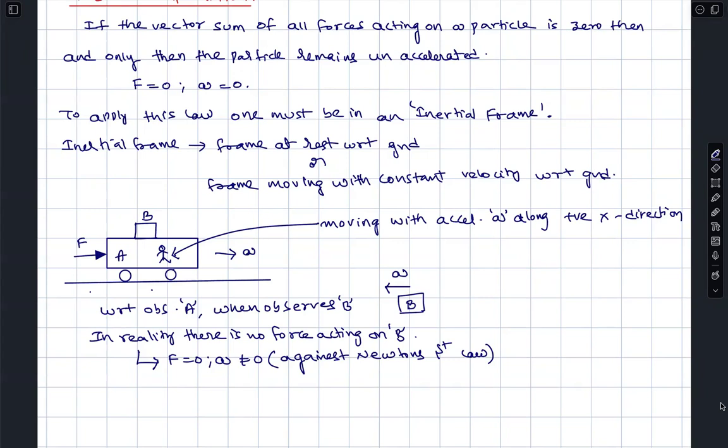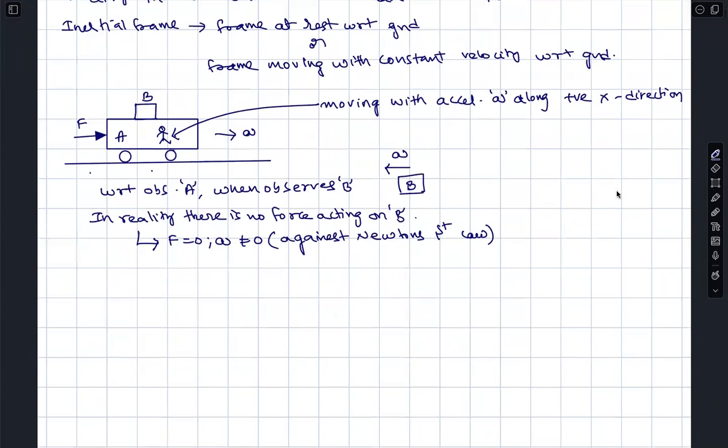Okay? So therefore, there are some frames of reference in which Newton's first law is valid. And such a frame is called inertial frame. I'll restructure my statement now.